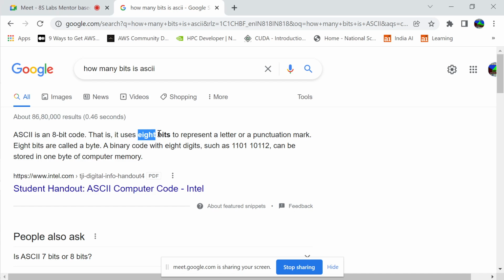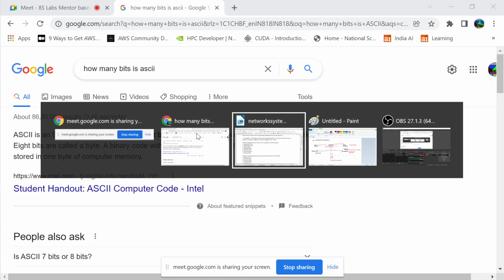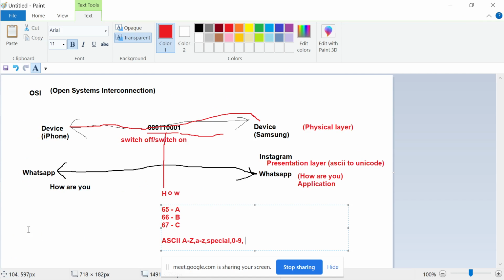So ASCII is how many bits? They're saying it is 8 bits, right? So 8 bits means 1, 2, 3, 4, 5, 6, 7, 8. This is the maximum value that you can get in an ASCII format.